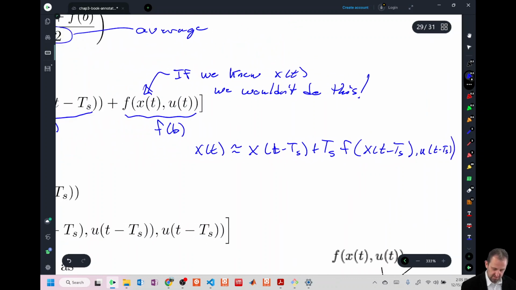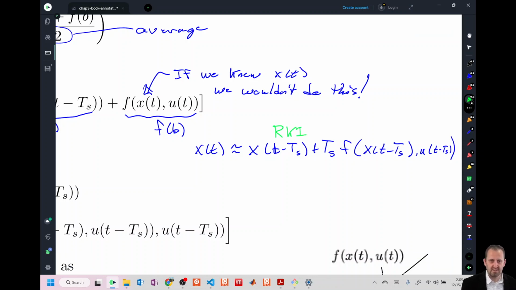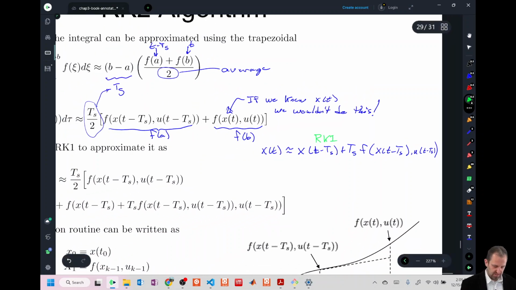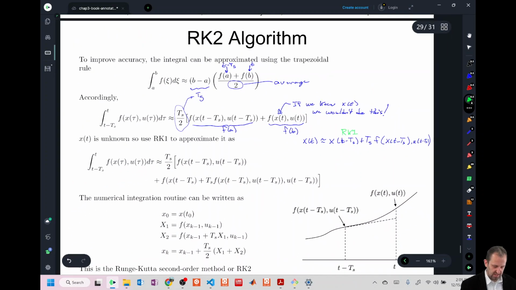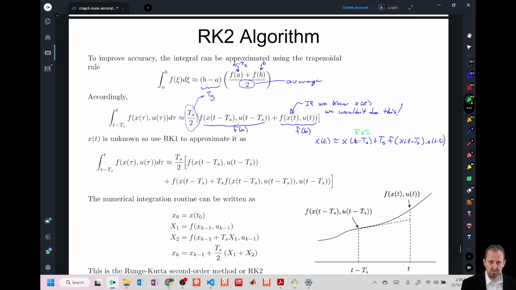Okay, remember this is just our first order. I'll just write it as, this guy was just our RK1. So we use our RK1 to figure out what x of t is. So we're approximating x of t, and then we use that as our approximation.